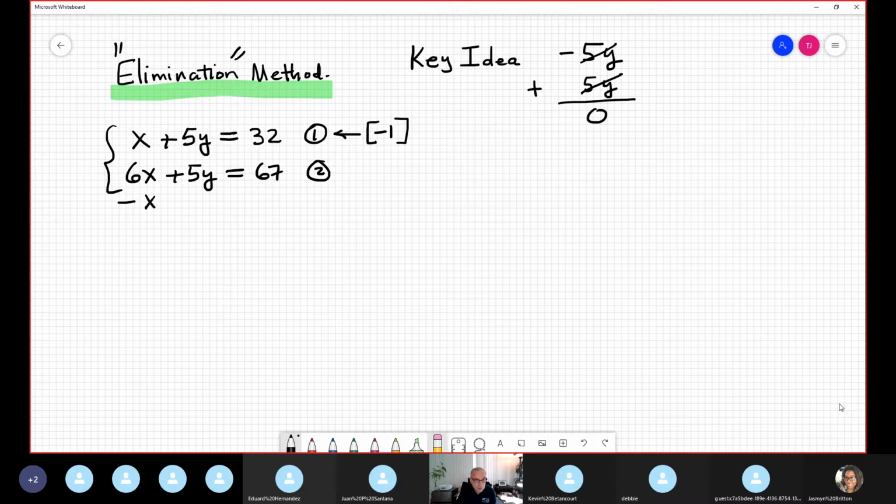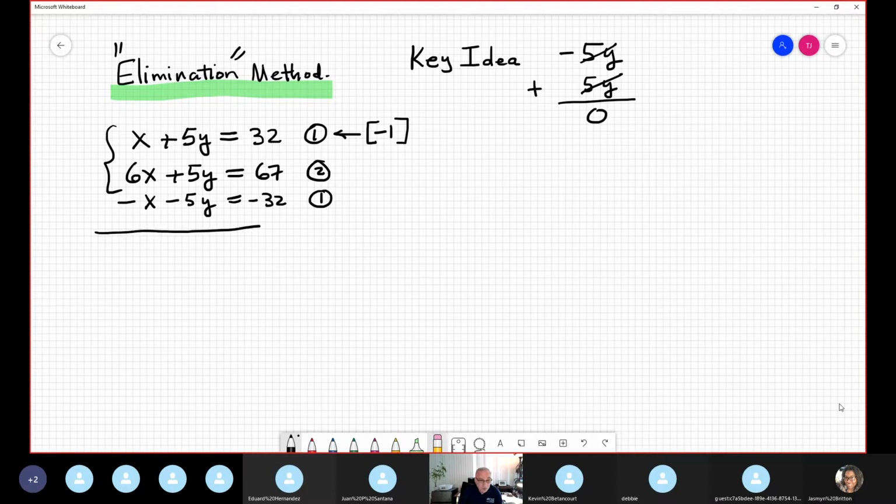I multiply -1 times x, -1 times 5y, and -1 times 32 is -32. And this is the same equation number 1, equivalent. When you multiply any number times one equation, the new equation is equivalent to the original.